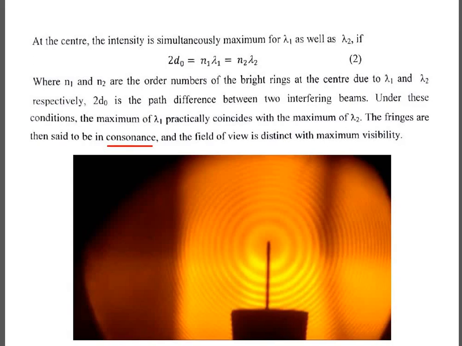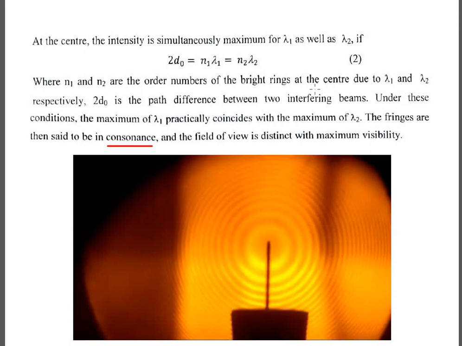Now you see at the center here, the intensity is simultaneously maximum for lambda 1 as well as lambda 2 if this condition is satisfied, where n1 and n2 are the ordered numbers of the bright rings at the center due to lambda 1 and lambda 2 respectively. And of course 2d0 is the path difference between the two interfering beams.